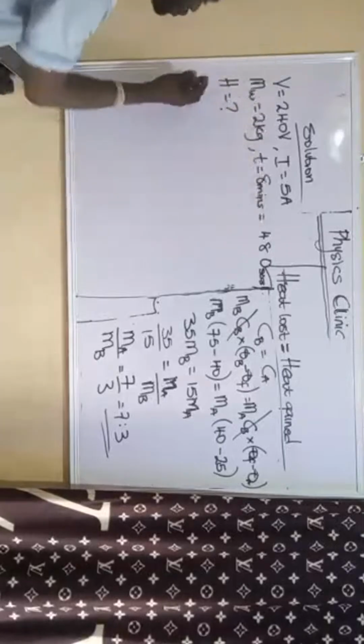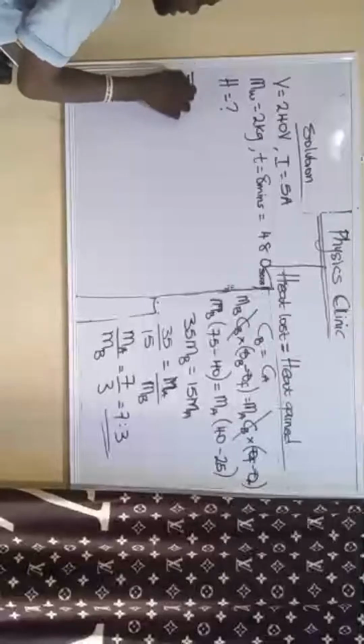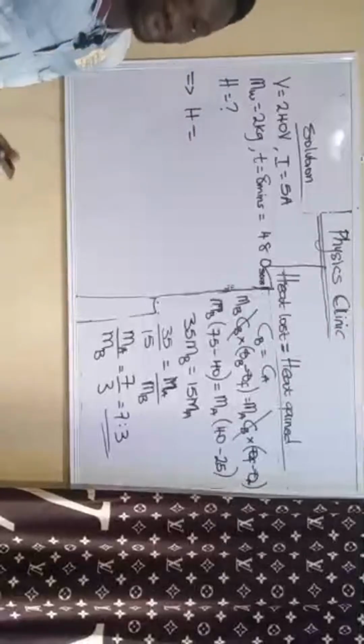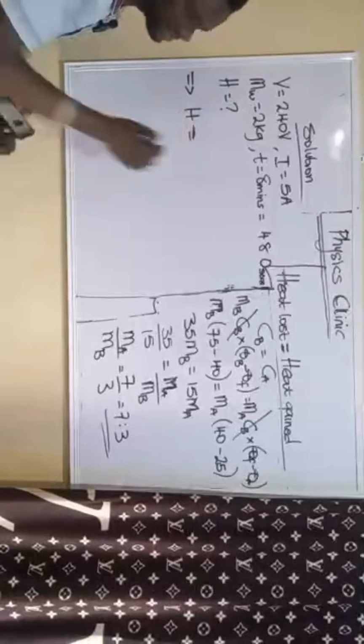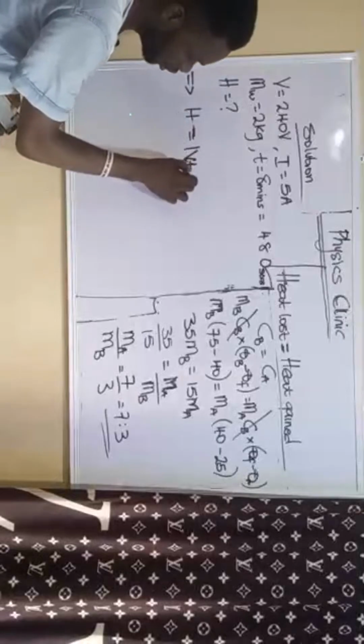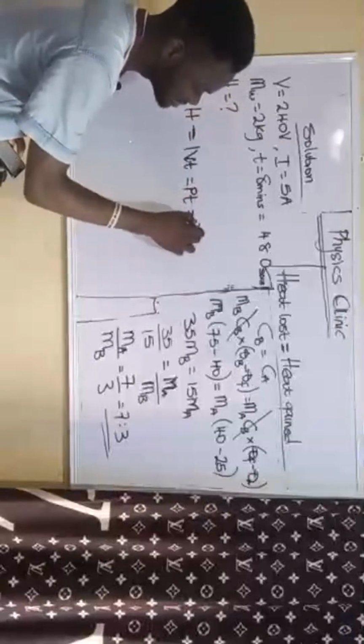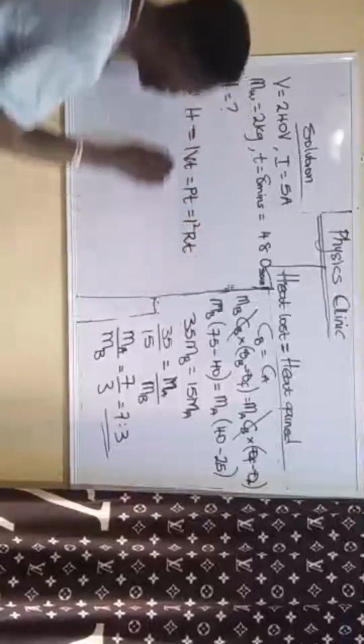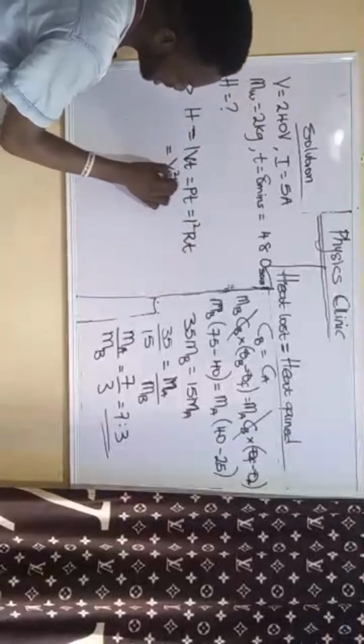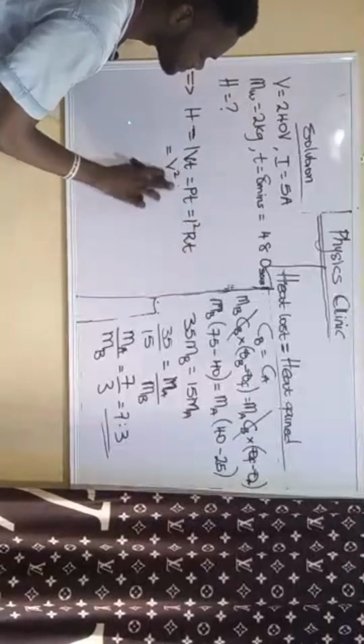So you are simply told to find the electrical heat energy. That's what they are simply telling you to look for. And the electrical heat energy is given as IVT or PT or I squared RT. Not just that too, or V squared over R, sorry, V squared.